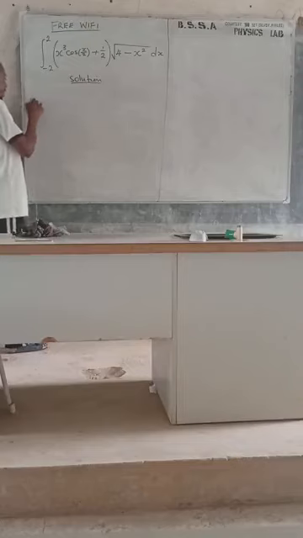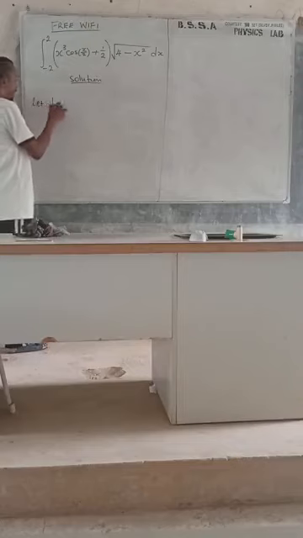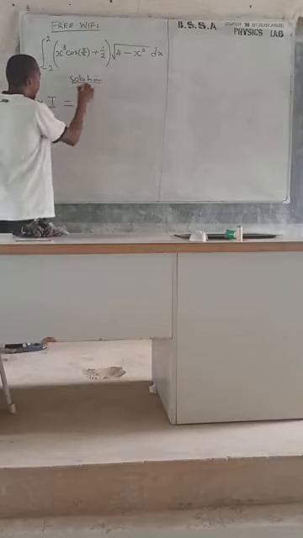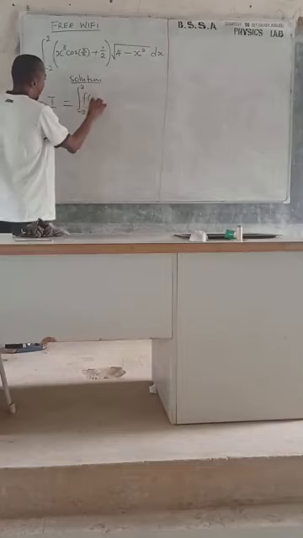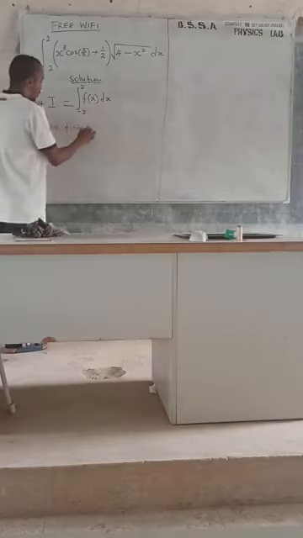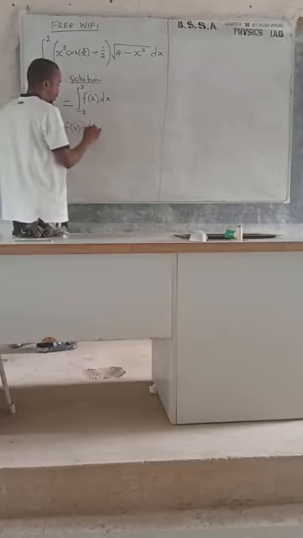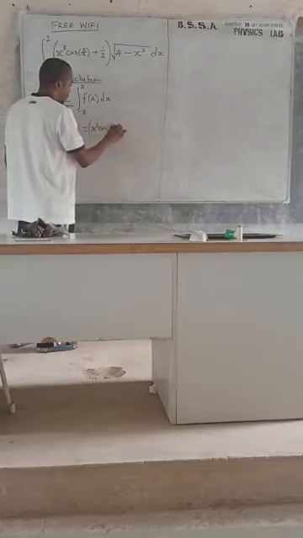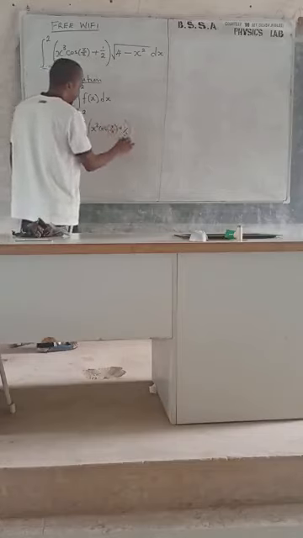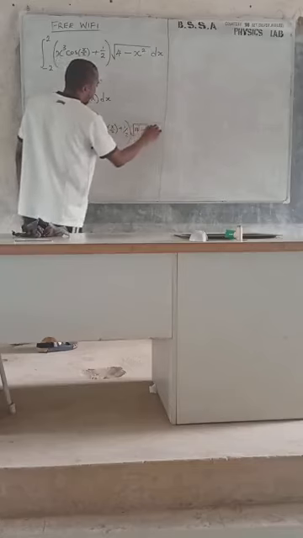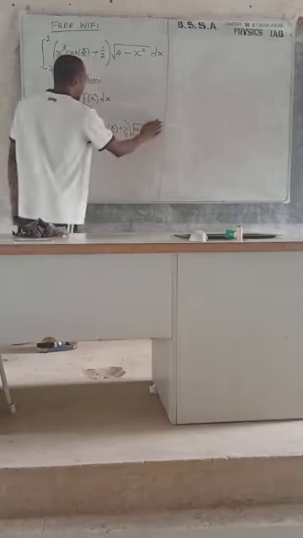Let our integral I be the integral from minus 2 to 2 of f of x dx, where f of x is nothing but this function: x cubed cos of x over 2 plus half, times the square root of 4 minus x squared, right?